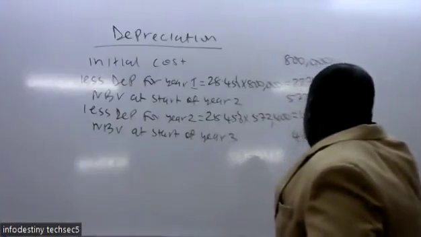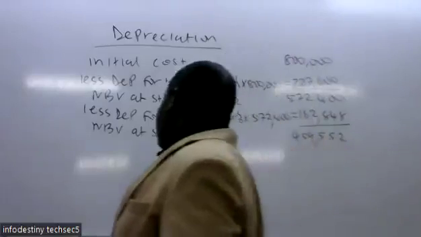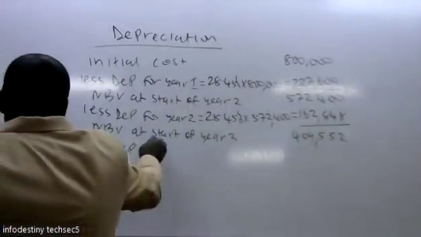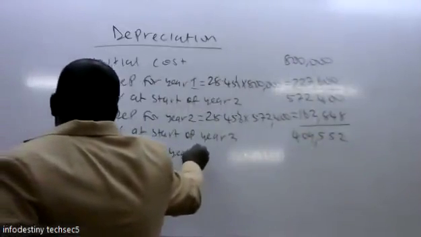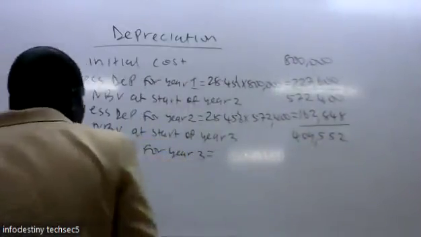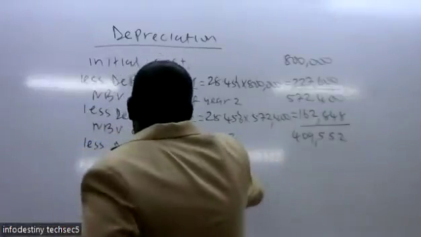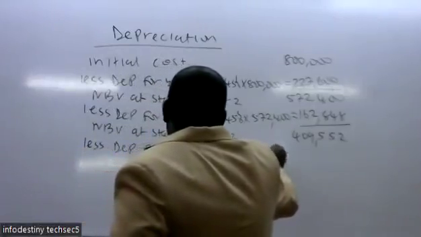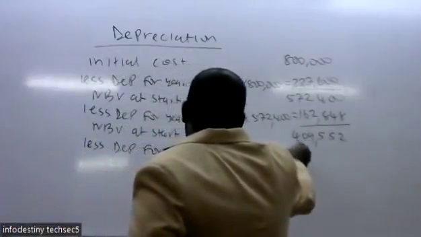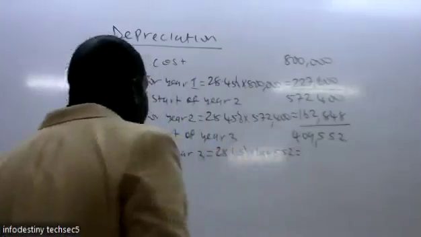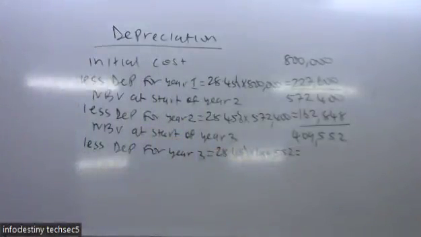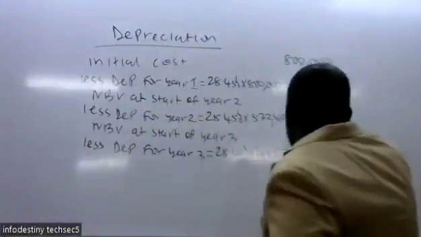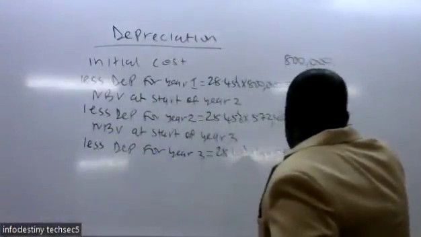Net book value at the start of year 3 is 409,552. So we also less depreciation for year 3, which should be 28.45% of 409,552, that is 116,518.